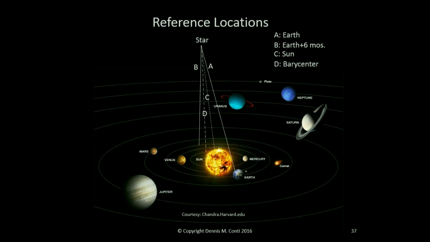So in terms of doing exoplanet observations, to be very accurate, as we'll see in a minute, it's the barycenter that will be our reference location for exoplanet observation timings. So if we were to say, what time is it?